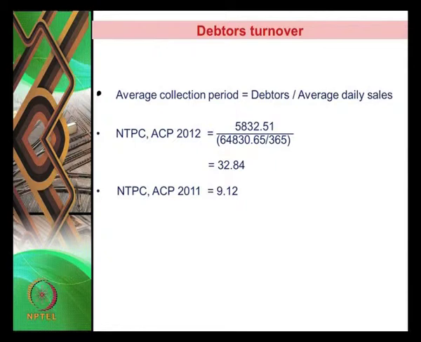A related aspect of debtors turnover is what is called your average collection period. Average collection period is nothing but, from the time a sale is made till the time you actually get cash from the customer, how long does it take? What is the average collection period to receive cash from the customer from the time a sale is made?